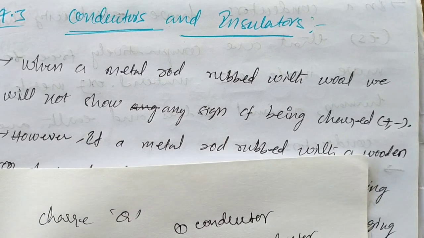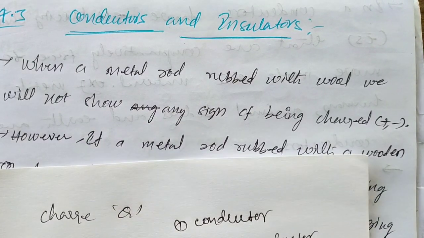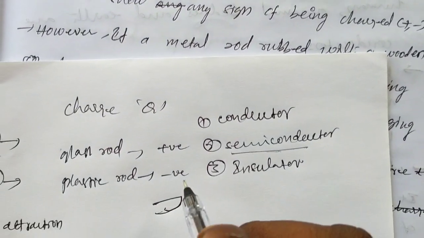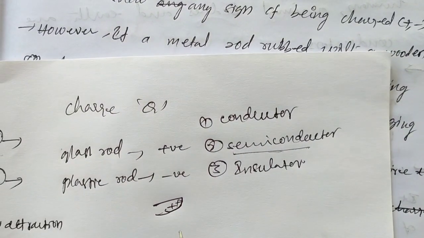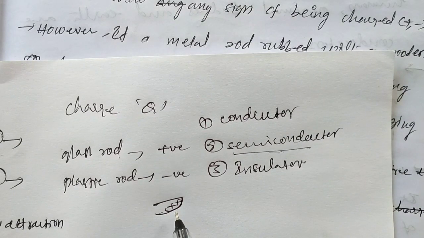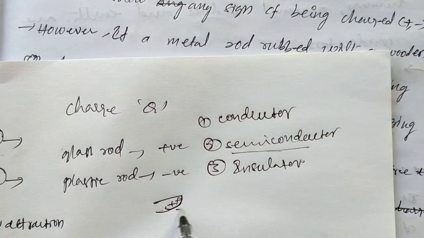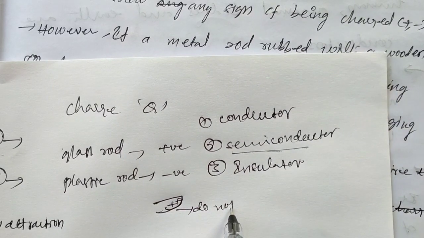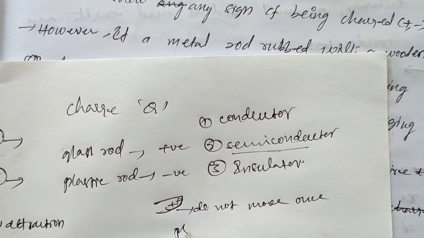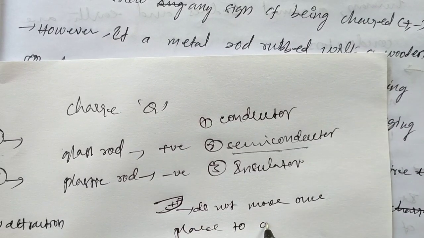Suppose a glass rod is rubbed with silk and wool, we get a positively charged rod. It only appears as charge carriers, but they do not move from one place to another.